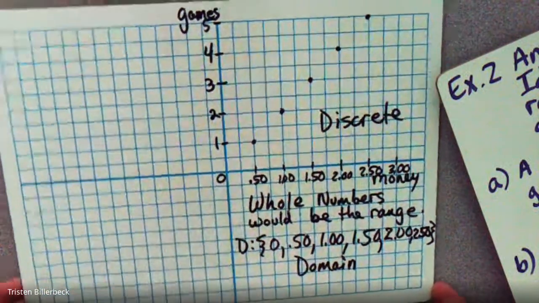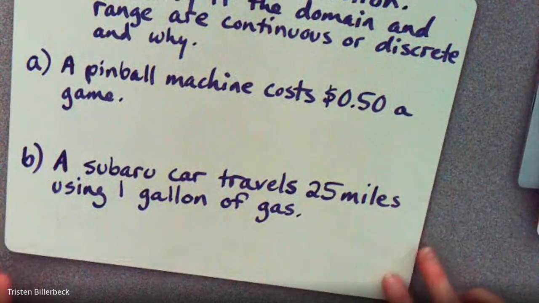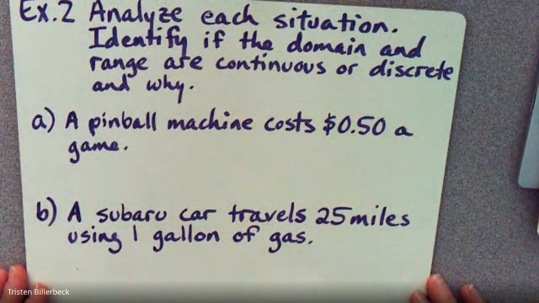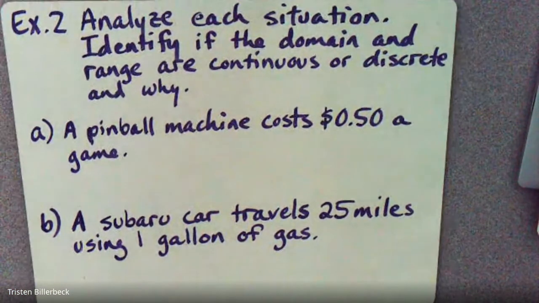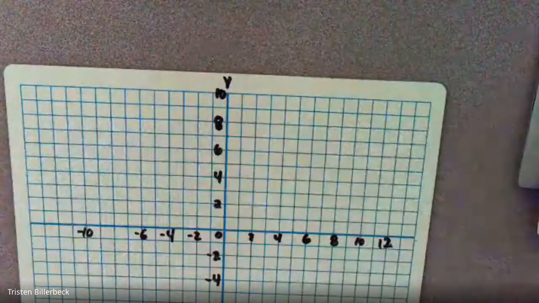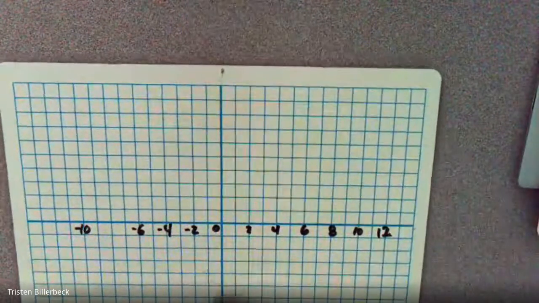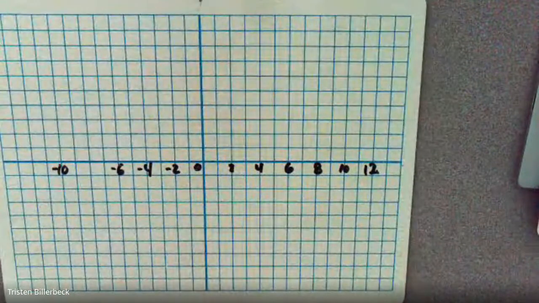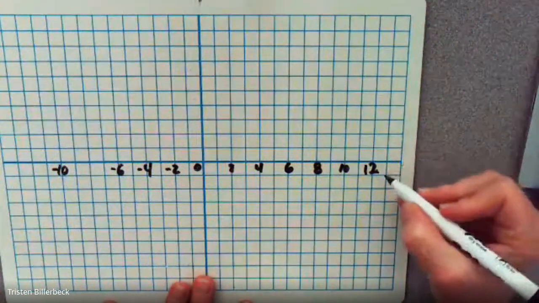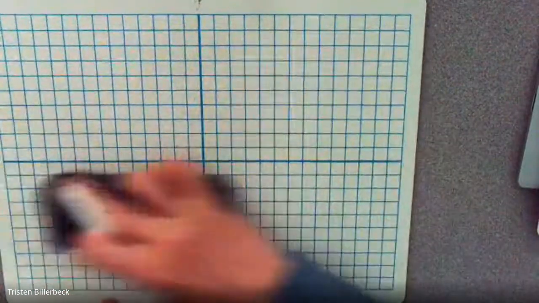Okay, so let's take a look at a different situation. We have a Subaru car that travels 25 miles using 1 gallon of gas. So I'm going to reuse a board right here. If we change this and we say, okay, so we have miles per gallon. So our input, we literally input gas. But I have a restriction on the gas.